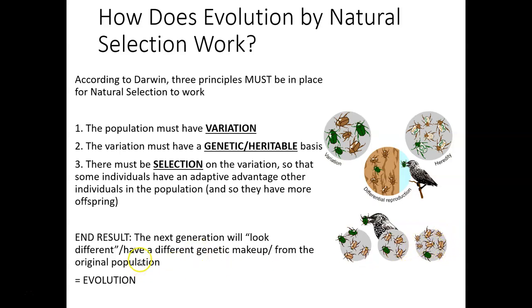So that change over time in the population is evolution, and what we just described is evolution by the process of natural selection with these three principles. Variation, the variation having a heritable basis, and selection on that same variation so that some individuals have more offspring than others.